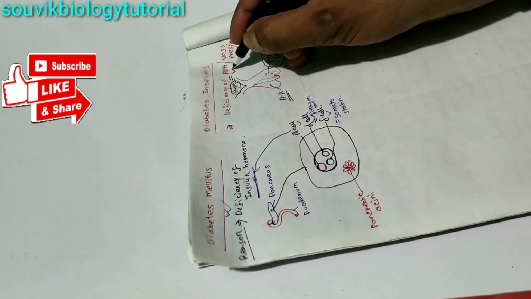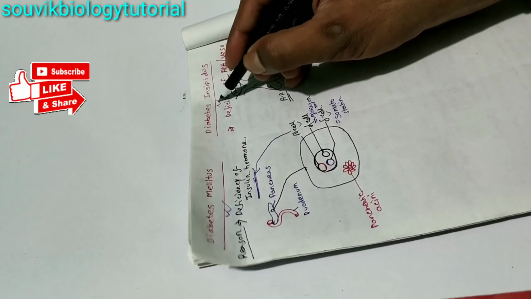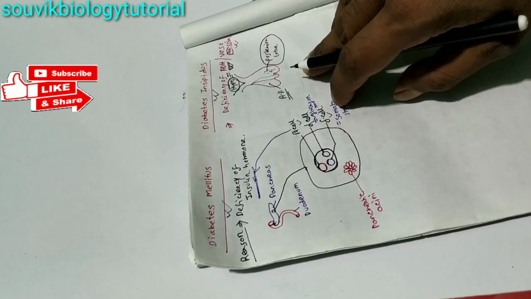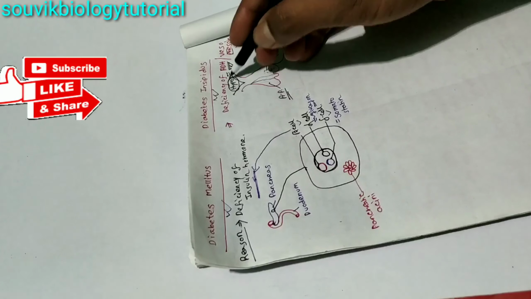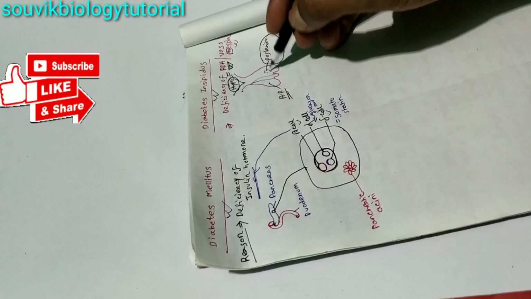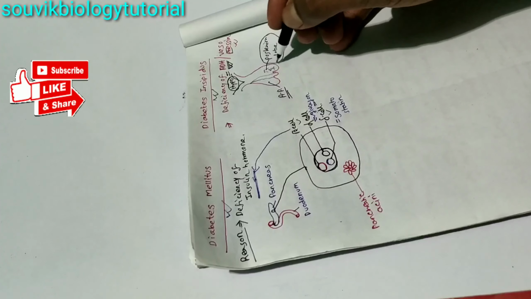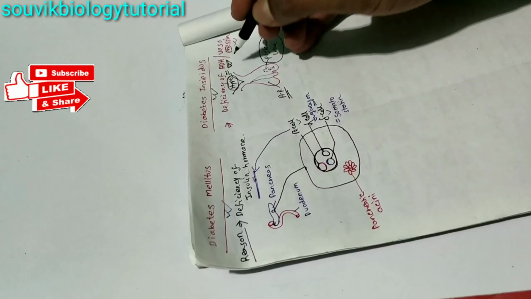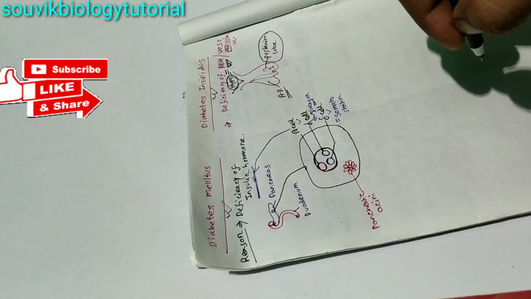And due to deficiency of antidiuretic hormone or vasopressin, this diabetes insipidus occurs. Okay, I am again repeating, this ADH is synthesized in the hypothalamus and is stored in the posterior lobe of the pituitary, and this is also secreted from the posterior lobe of the pituitary, and due to deficiency of ADH, this diabetes insipidus occurs.